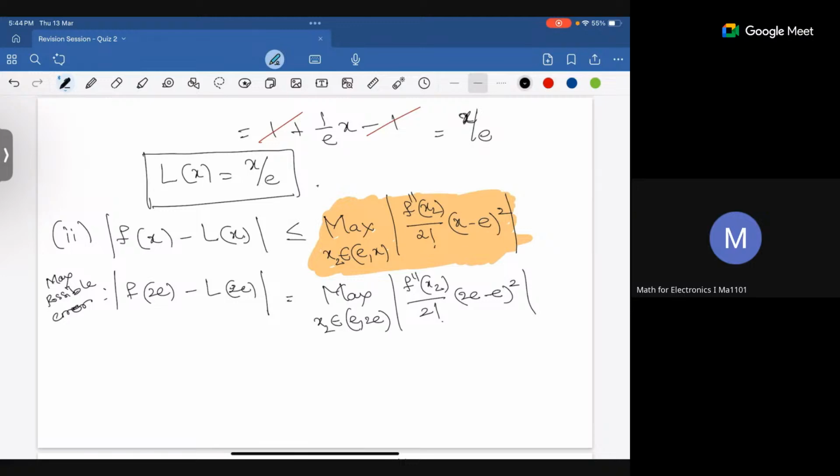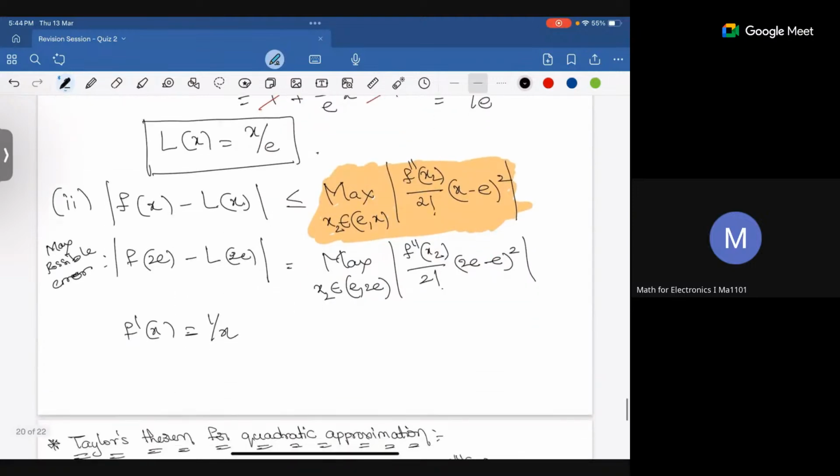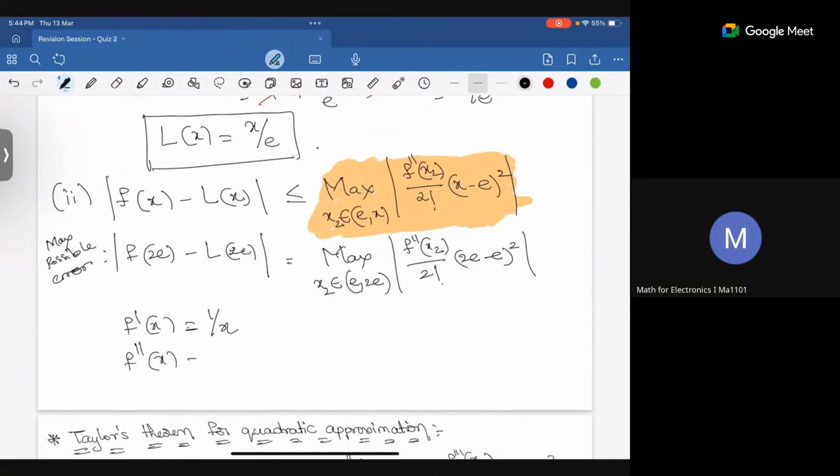All I have to find is the maximum possible value for f double prime of x2. Once I get f double prime of x, then I can talk about the max value. I have f prime of x, which is 1 by x. So f of x is ln x, f prime of x is 1 by x, and I can compute f double prime of x, which is minus 1 by x square.